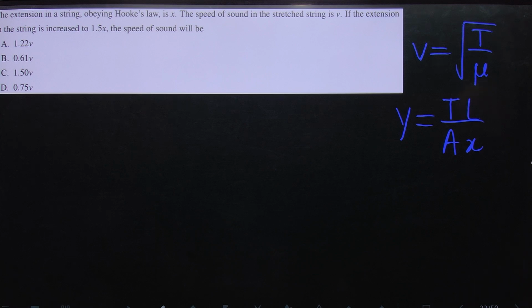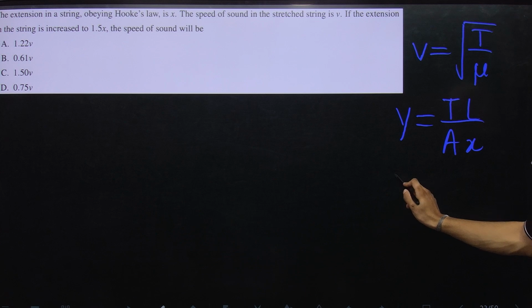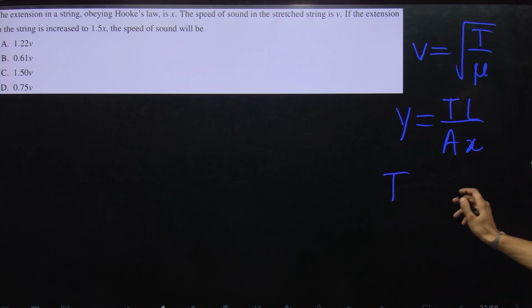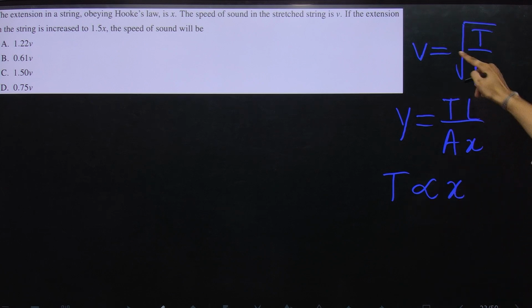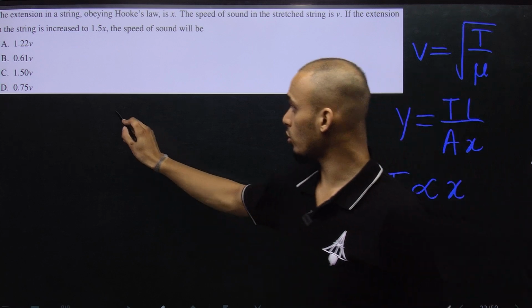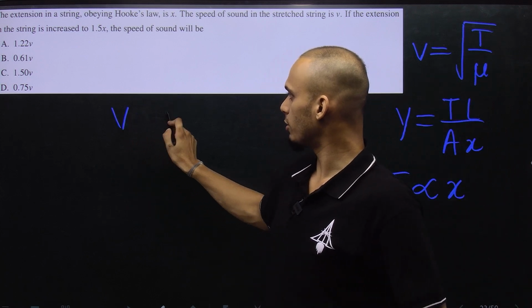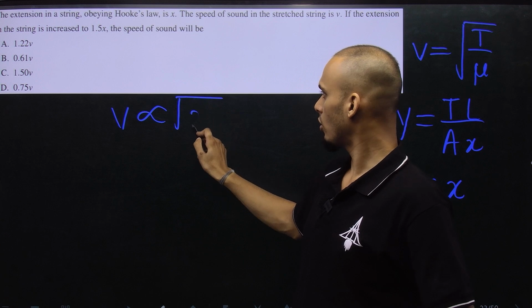x. From here we get the fact that T, tension, is proportional to extension in the string x, and since tension is proportional to extension, velocity will be proportional to the square root of extension.